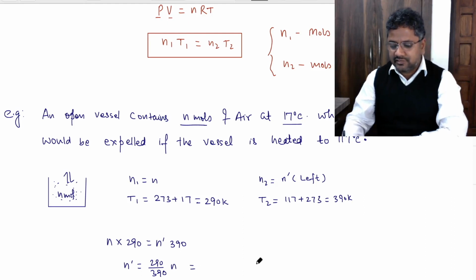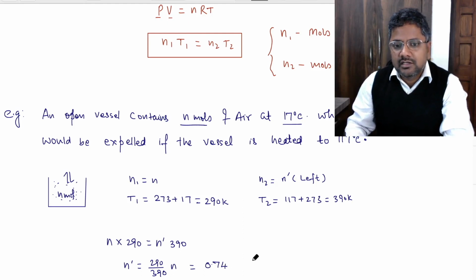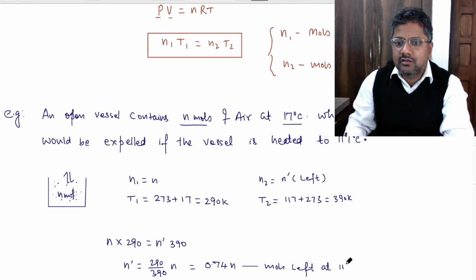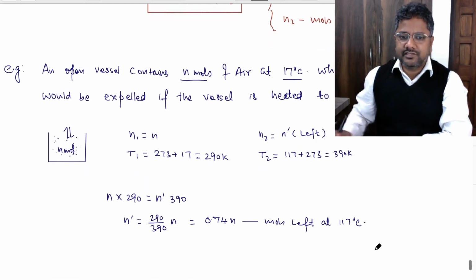So this becomes equal to 0.74 n, right? So this much is left at 117 degrees Celsius. Hopefully up to this it is clear.